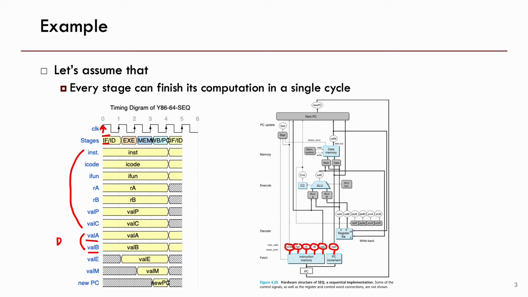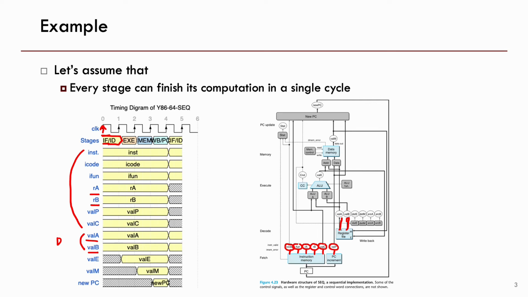Since RA and RB are available in cycle 0, we can read val A and val B here on the right hand side in the same cycle. That's why we can execute instruction fetch and decode in the same cycle, like cycle 0.